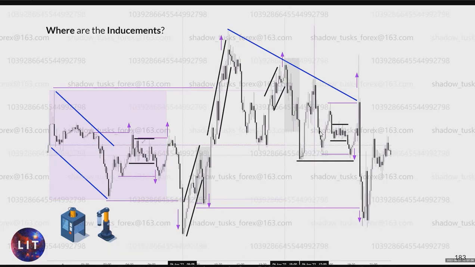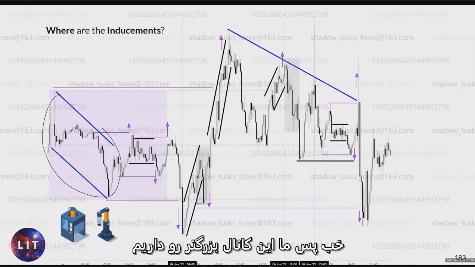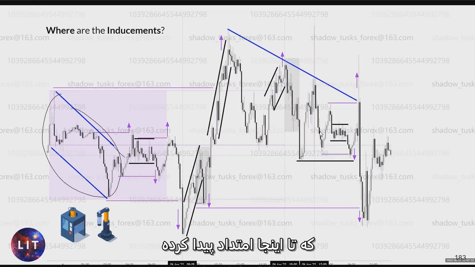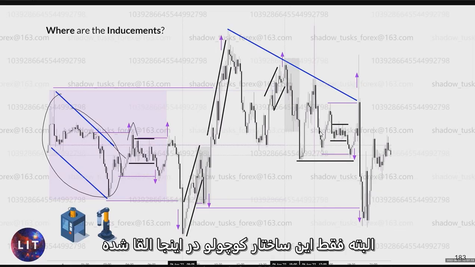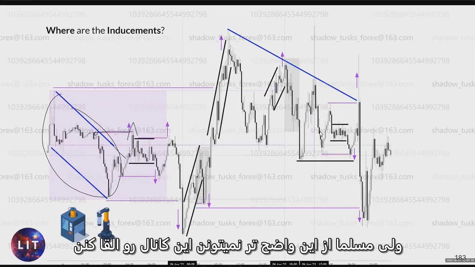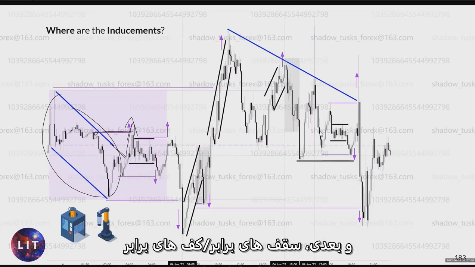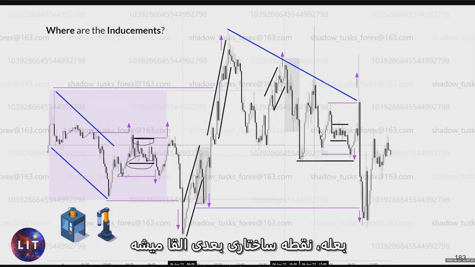But as you can see, the structure points getting induced all the time, right? So we have this bigger channel, right? Extended all the way until here. Induced it, just baby structure induced in here, but obviously couldn't induce this channel clearer, right? Then the next one, equal highs, equal lows, next structure point, boom, getting induced.